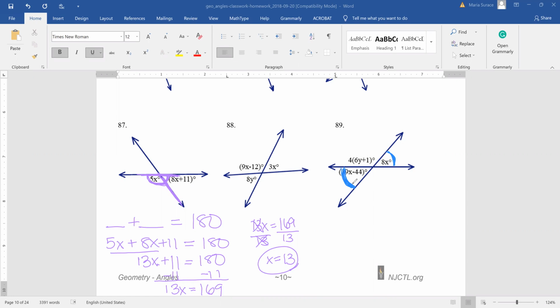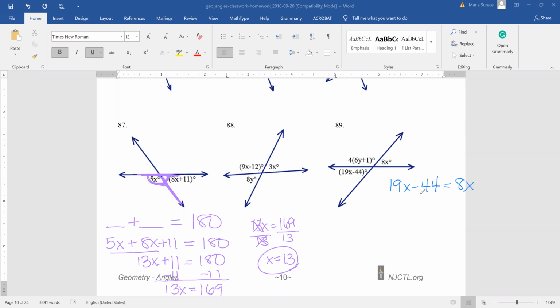So what's the relationship between these two angles? They are opposite each other, which means they are vertical angles. And once again, vertical angles are equal to each other. So because these vertical angles are equal, I'm going to do just that, set them equal to each other.